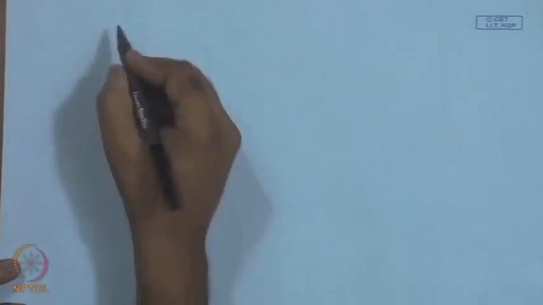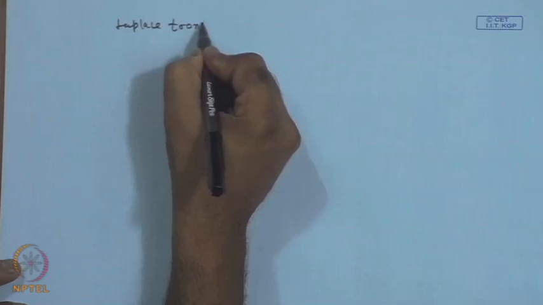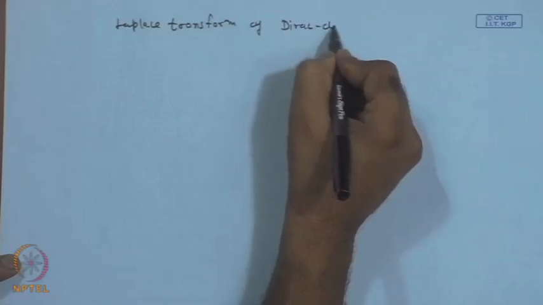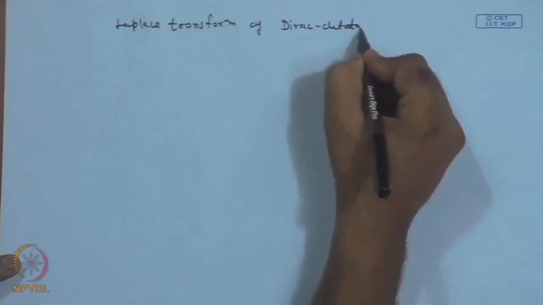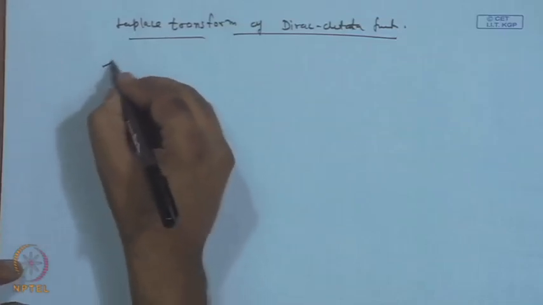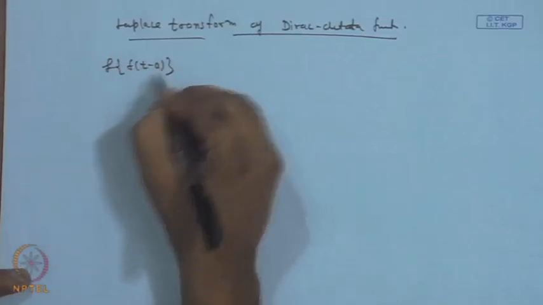So, with this property we go with the Laplace transform of the Dirac delta function. Now, it is simple because we know the nice property of the Laplace transform.